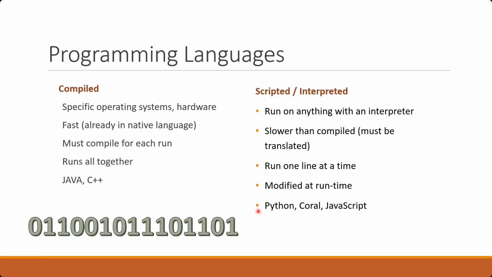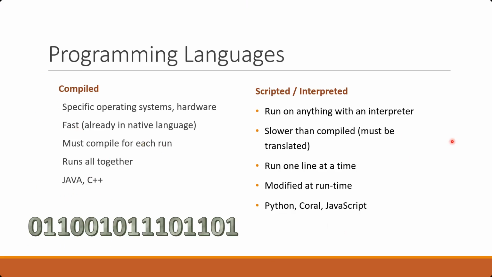Because it's already been compiled down into zeros and ones, into machine language. Because of that, it's fast. It's already in the native language on the computer. But some downsides are that you have to compile it for each run. That takes some time. It's kind of a pain. Some examples include Java and C++.